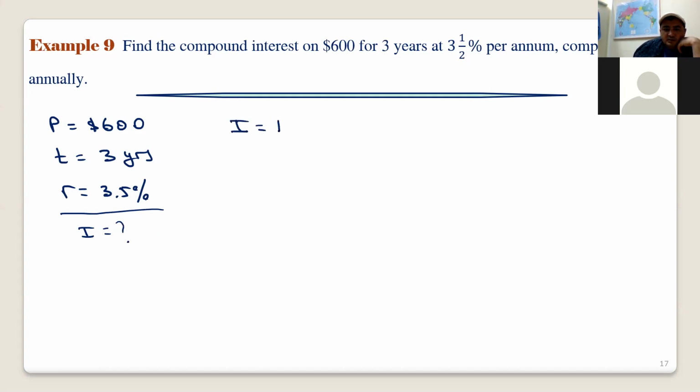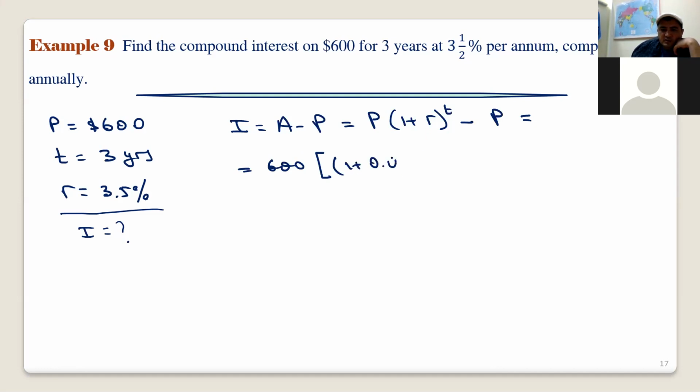Compound interest is amount minus P. We know the compound interest formula, that's equal to P times 1 plus R, to the power T, minus P. Or simply, P is a common factor. What is P? It is 600. And here we have 1 plus rate, that is 0.035, and for 3 years, minus 1.